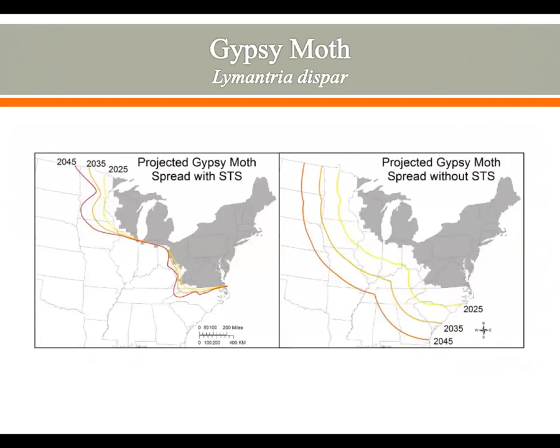Tall Star, we've used it on what we call wolf trees, where you've got one single tree that's totally infested. Dimilin and Mimic are two good growth regulators for individual trees. If you're doing larger areas and want to have less impact on non-targets, then Bt is a good treatment. Btk is a good treatment.